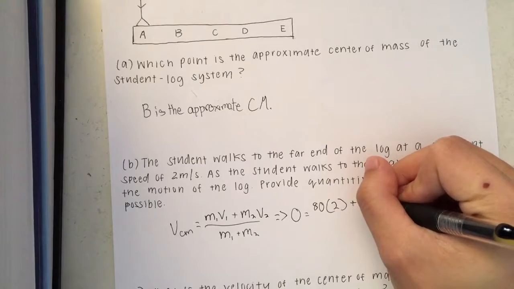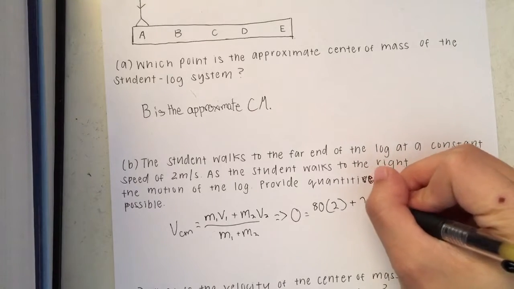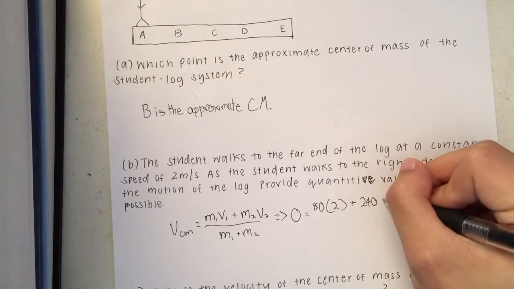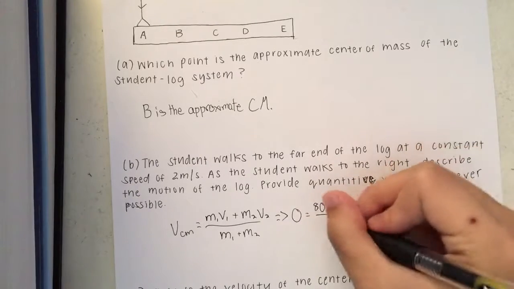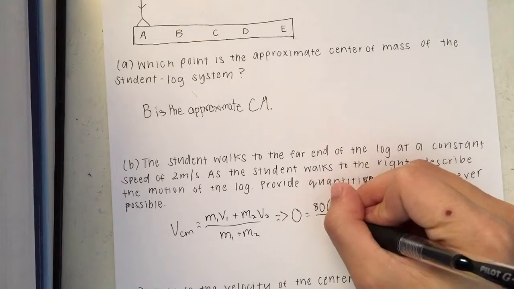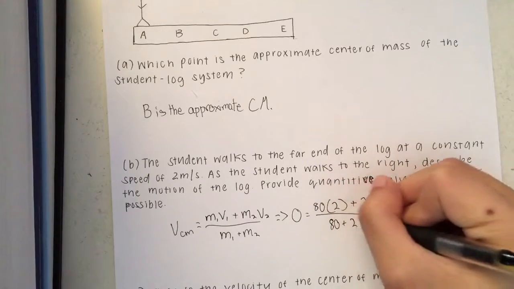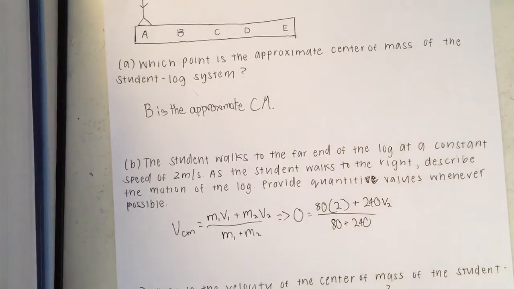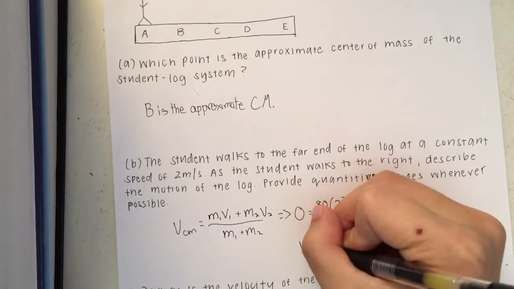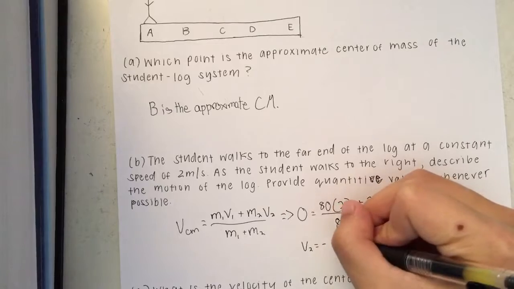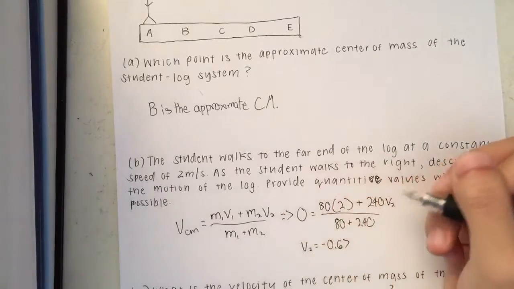Plus the mass of the log is 240. So 240 times, well, we're solving for the velocity, so it's just V2. And you add the mass of the student, 80 plus 240. And then once you solve for V2, you'll end up with V2 equals negative 0.67.